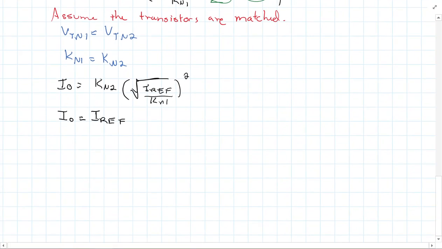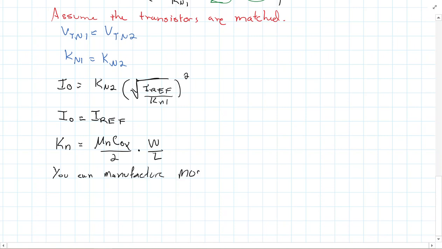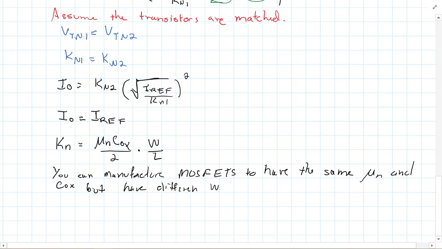Now there is one other thing that we can keep in mind here, and it's that Kn, remember, was equal to mu n Cox over 2 times W over L. So when you're manufacturing MOSFETs, you can manufacture them to have the same mu n and Cox, but have different W over L relationships.